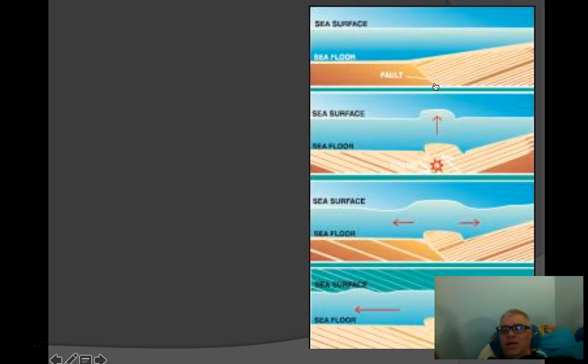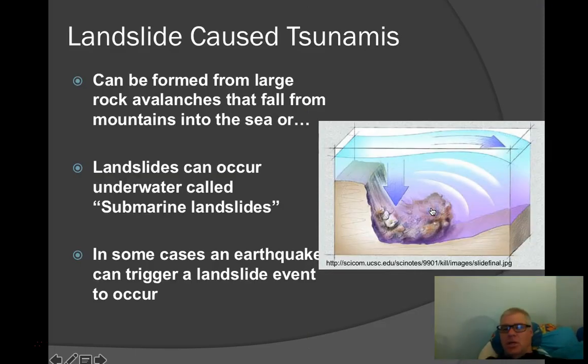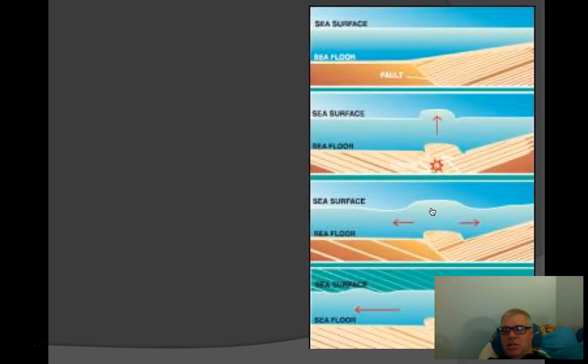It's going to flow back down, and essentially that's what happens. Sorry, this is a little blurry, but the fault's here. You get this earthquake, part of the seabed rises, it creates this large bubble of water on the surface, and then it flows out in each direction. And when it hits a landmass, it comes in as a tremendously powerful, very large wave and creates all sorts of death and destruction.